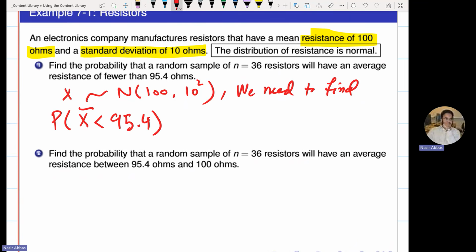What if the question was find the probability that a resistor will have a resistance of less than 95.4? X less than 95.4. So try to understand the difference. You may get these two questions side by side in exam. One asking for the single value, one asking for the mean value.